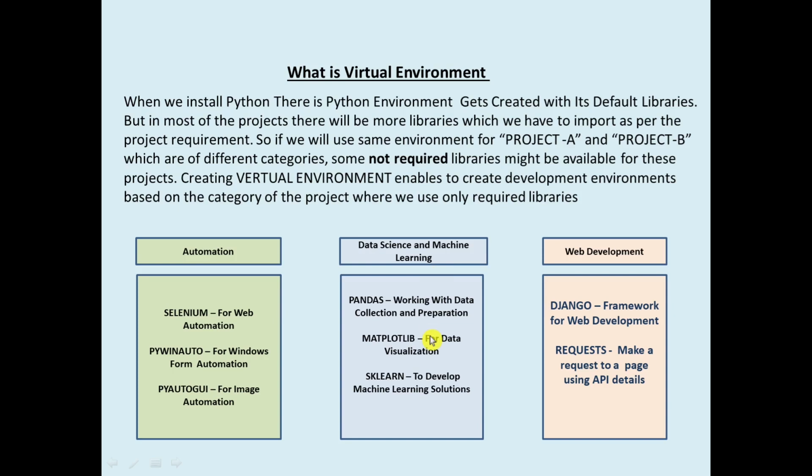When you are doing a project or a script of data science and machine learning, you might have to deal with pandas, matplotlib and sklearn. There are a few more libraries which can be used for machine learning, and the same thing is for development. If you use Django or Flask, you have a set of libraries which will be required for you. So this is the definition of the virtual environment.